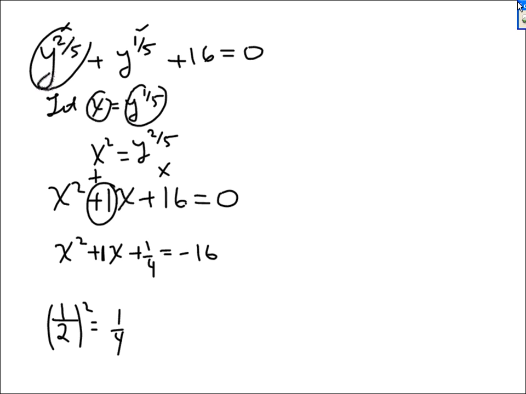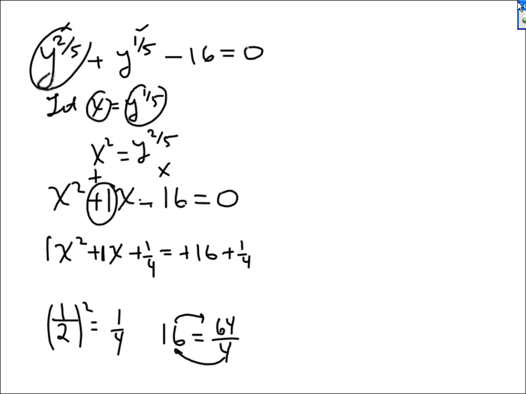Now, how about at the very beginning, make it negative 16. That way when I bring the 16 to the other side, it becomes positive 16. So add a quarter to the left, I add a quarter to the right. Now remember, 16 was the 4 in the bottom, you multiply, you get 64.